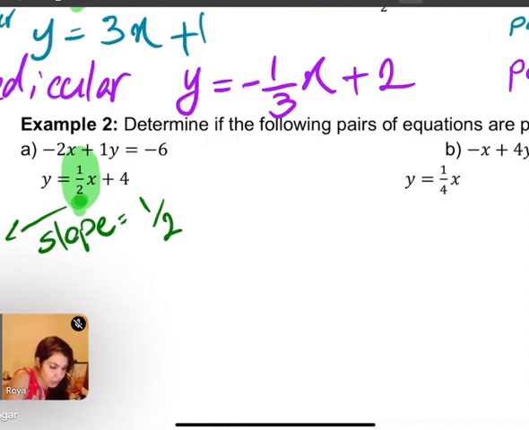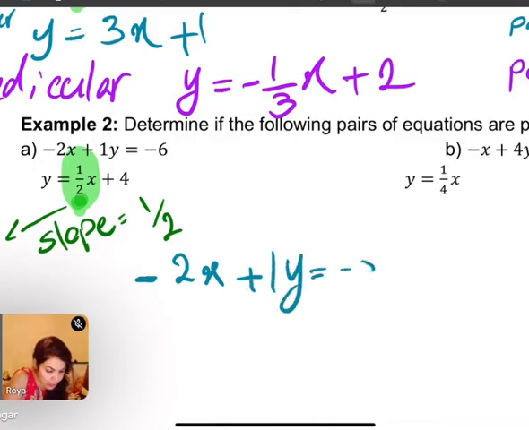First, we are going to convert it to y-intercept form. So I'm going to write the equation here again. Negative 2x plus 1y equal to negative 6. My goal is to isolate y. It means y on one side and everything else on the other side.